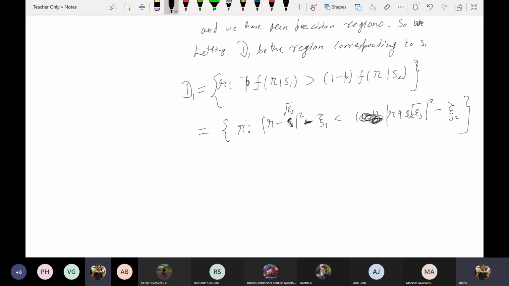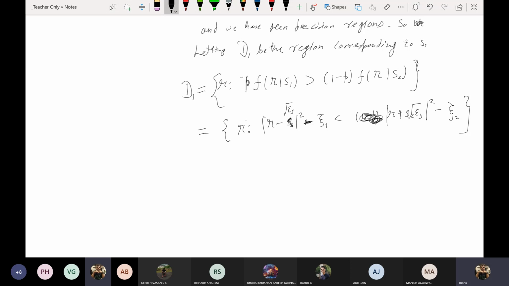Now I'll just do some calculations, because whatever we have done already is for complex distributions. For real distributions, it becomes slightly different or slightly easier.